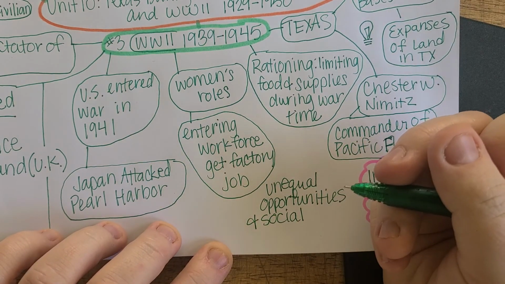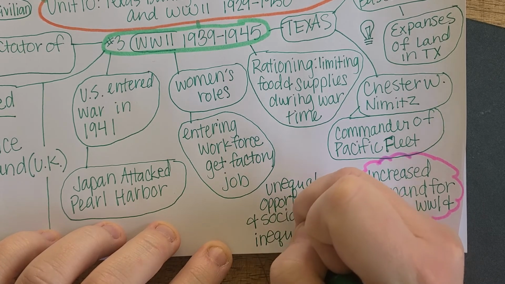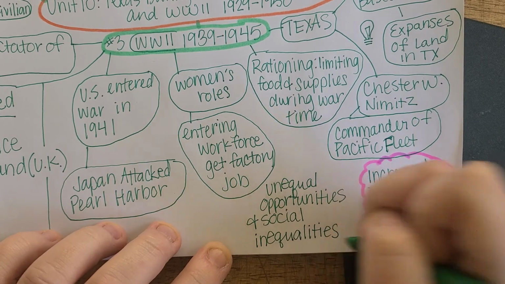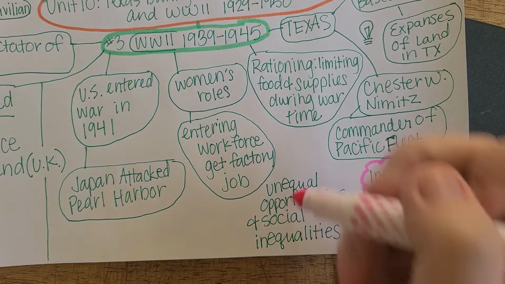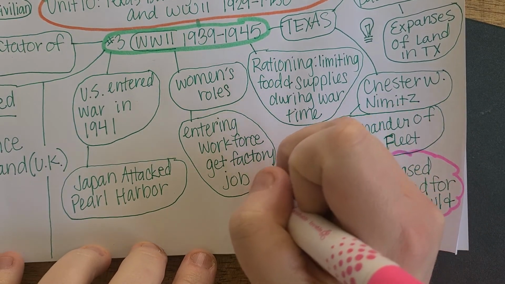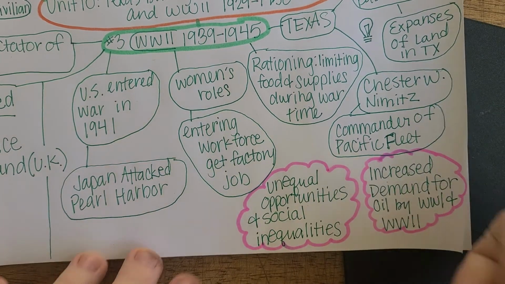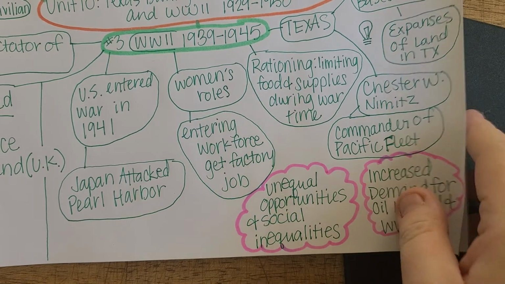That means that not everyone is treated the same. Not everyone can accomplish the same things during this time. People were brought together by the war, and so it created a sharing of information, that it's not just small pockets of people that aren't being treated well. It's entire large portions of the American population, and it needed to be changed, and that's why the 1960s were the way that they were.